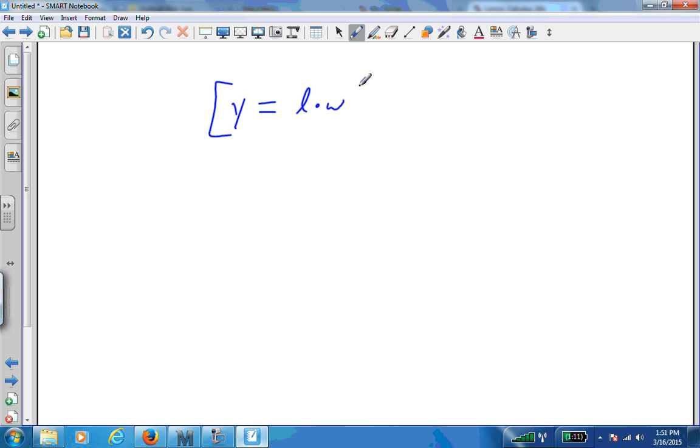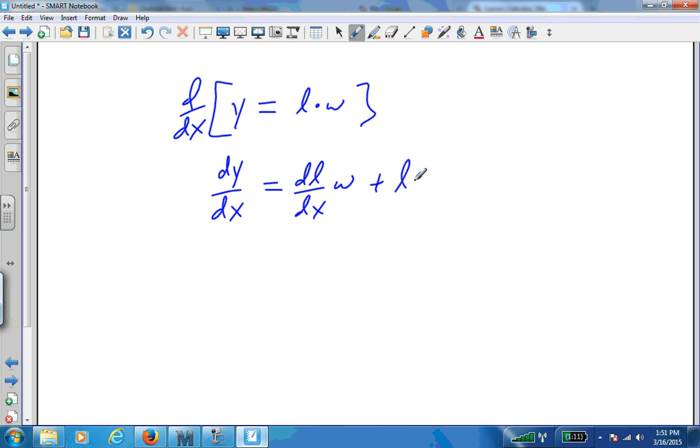Let's suppose that we take the derivative with respect to x. So we get dy over dx on the left. We have to use a product rule here. Let's imagine L and W are both variables. So the derivative of the first term with respect to x times the second term plus the first term times the derivative of the second term with respect to x.